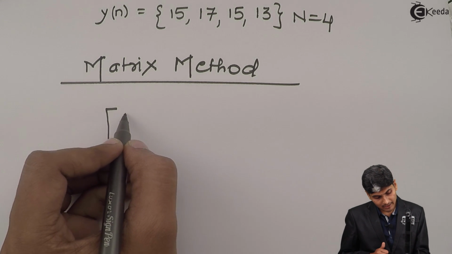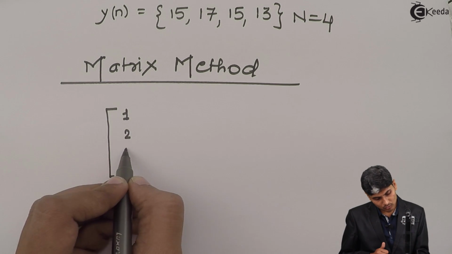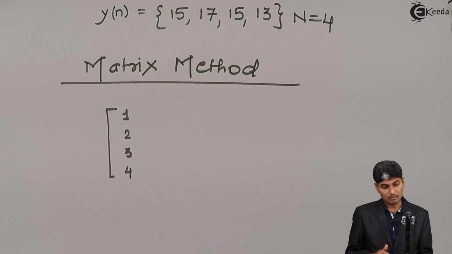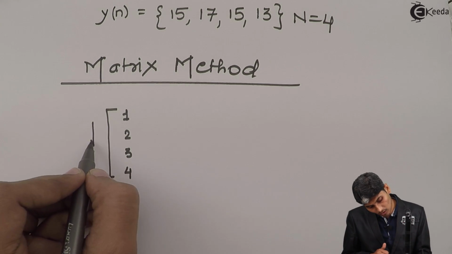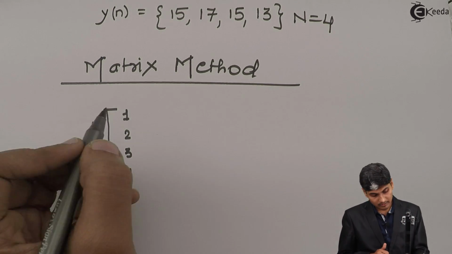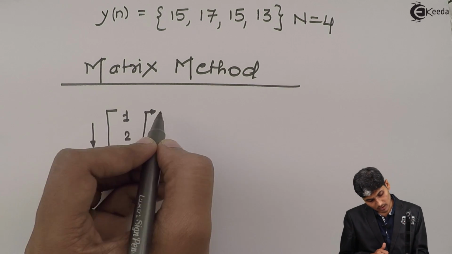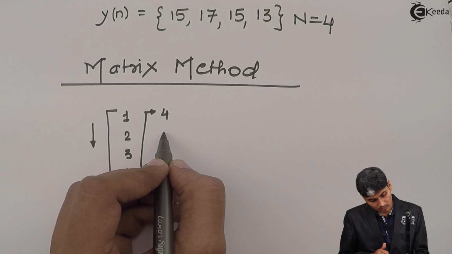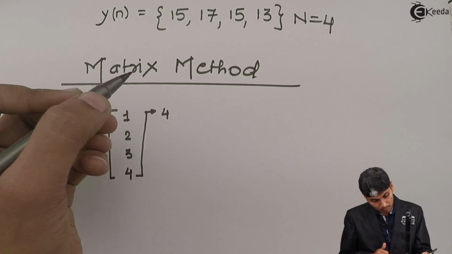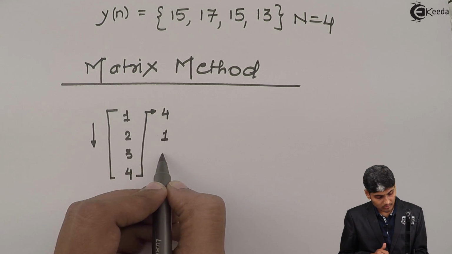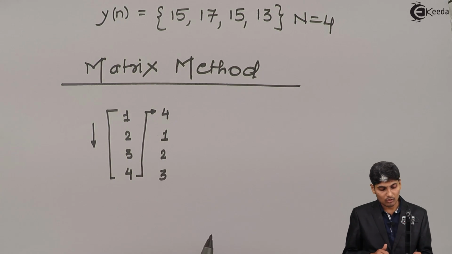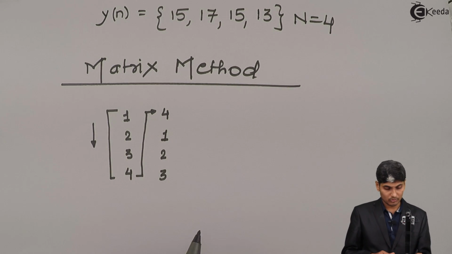So let us write h of n, which is 1, 2, 3, 4, mandatorily in this order only. Okay, then take this 4 and bring it up. It will be 4. I brought this 4 up, push everything one sample down, it will be 4, 1, 2, 3.